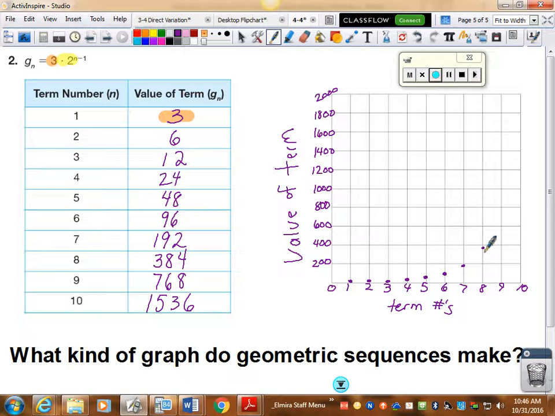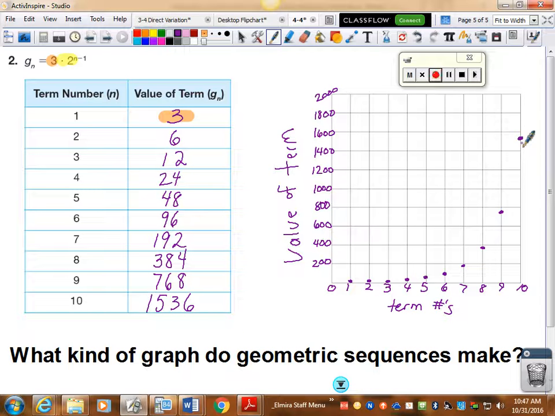Now we're getting pretty big though. 9, 768. And 10, 1,536. Do not connect the dots.